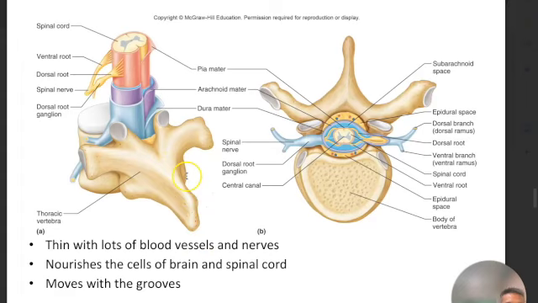Lumbar spine, because it's not long. It doesn't have a long spinous process. It doesn't have the holes for the cervical nerve either. So this would be a lumbar vertebra. So posterior horn, again, is mostly for sensory. Anterior is mostly for motor.